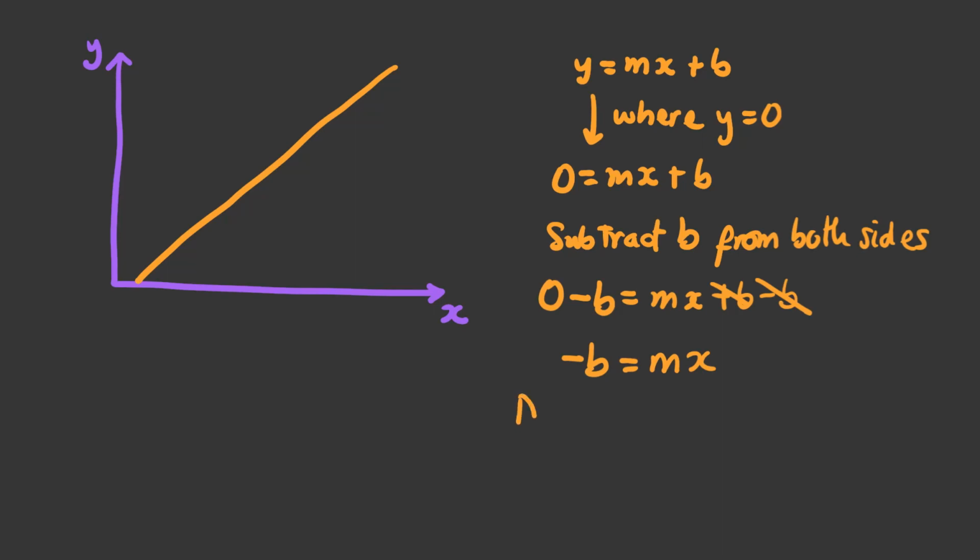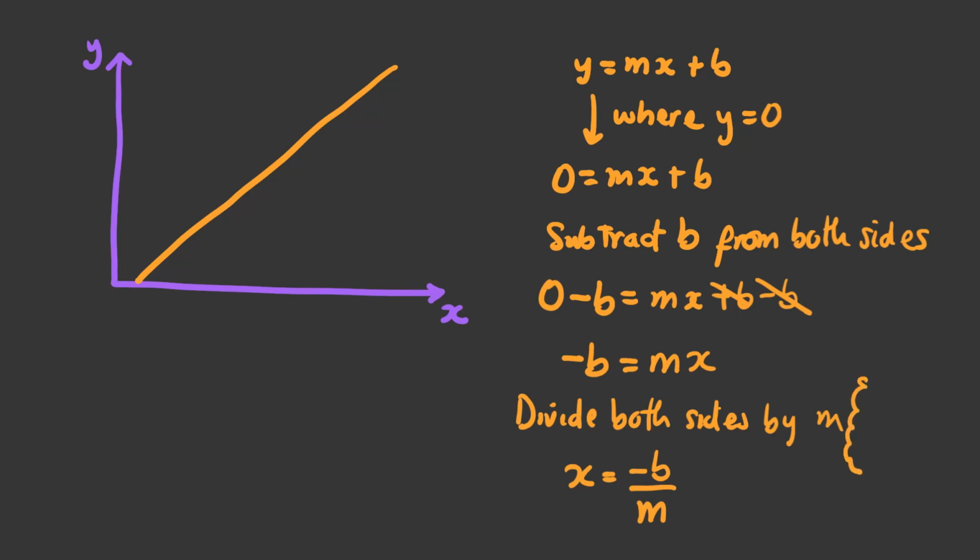Our final step is to divide both sides by m, and this results in x equals minus b divided by m. Take note: we have minus b equals mx, and we are dividing both sides by m, so the m cancels out on the right side, and we have this result.